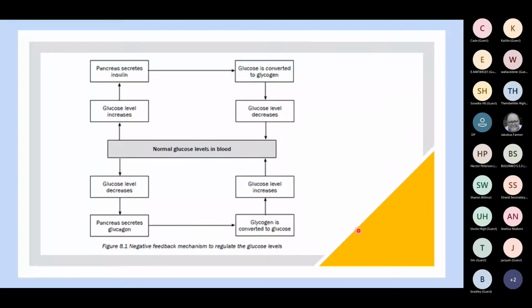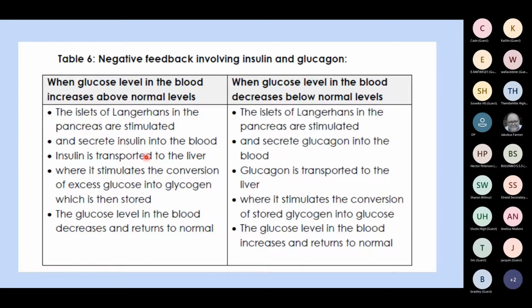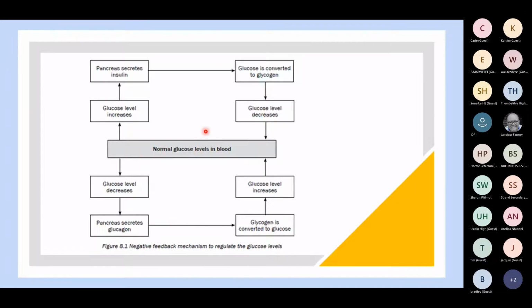Now this diagram is coming from Mind the Gap. And yet again, look at the arrows and take note of the table that's given to you. We want normal glucose levels in our bloodstream, but when it increases, can you see?